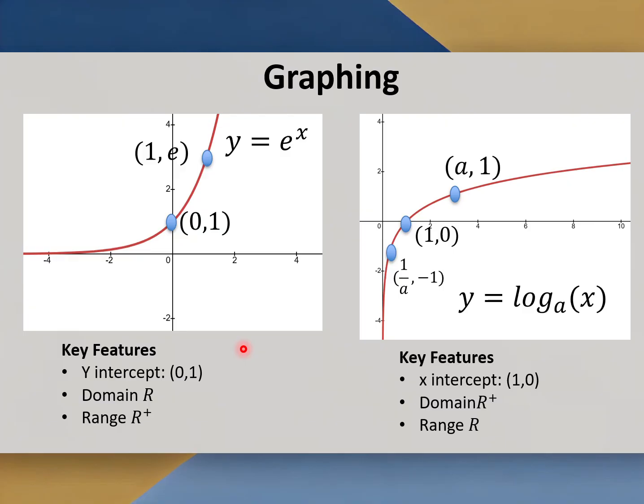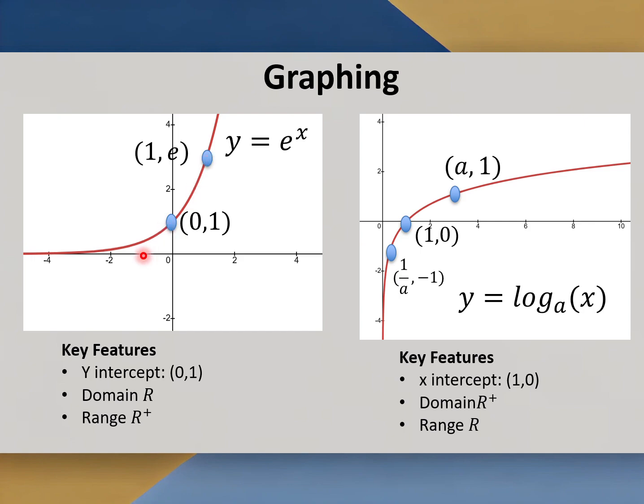With an exponential function, like y equals e to the power of x, there's a few points that we know. One is it's always going to cross at the y-intercept of 1. Likewise, we know when x is 1, y will be e.